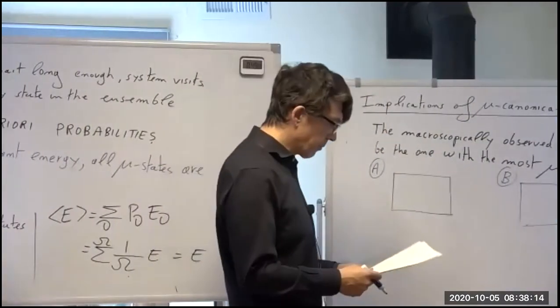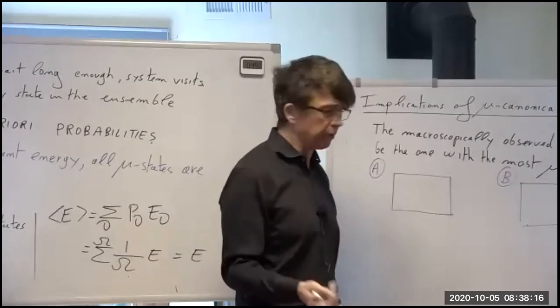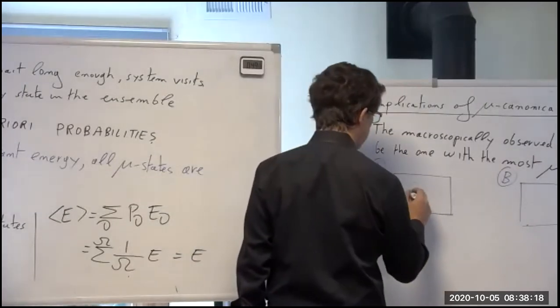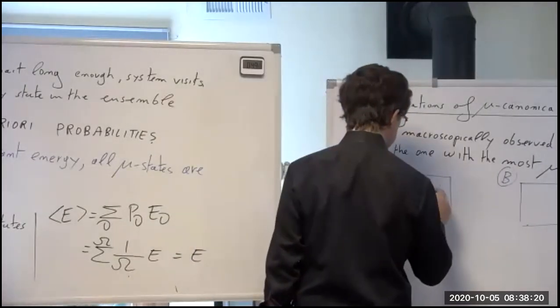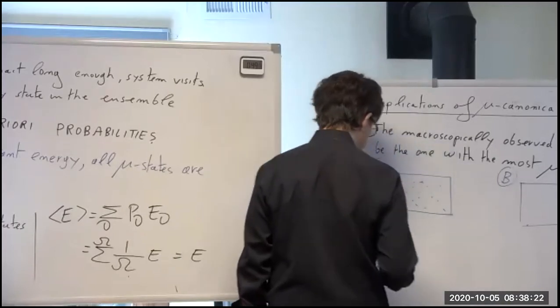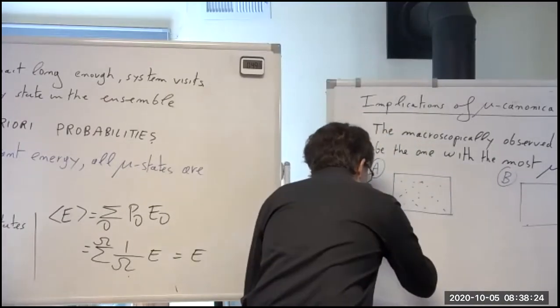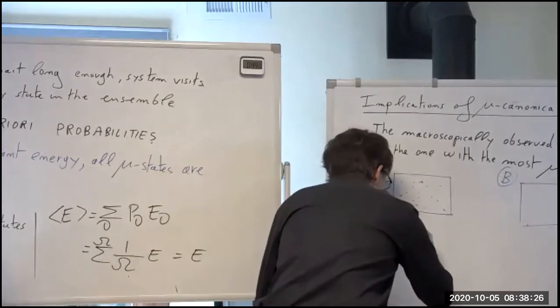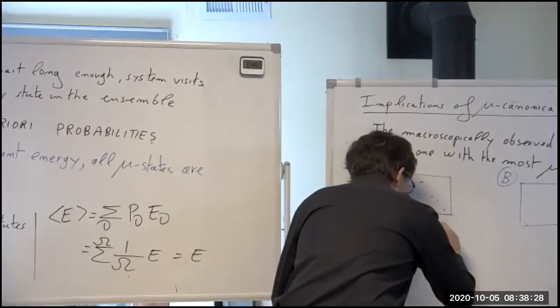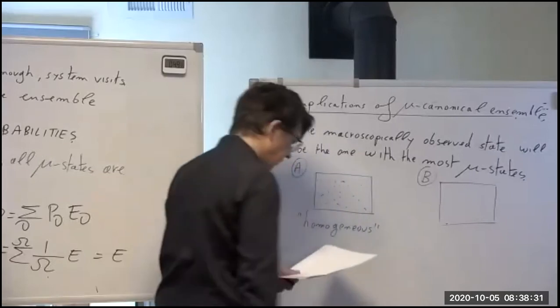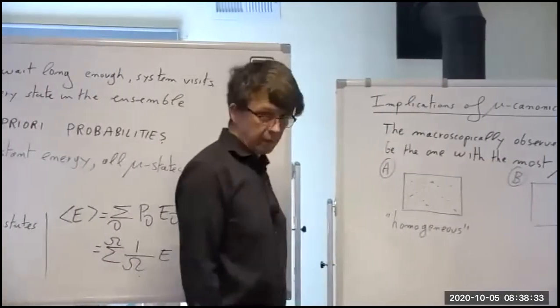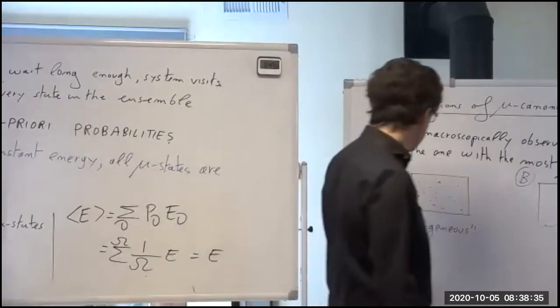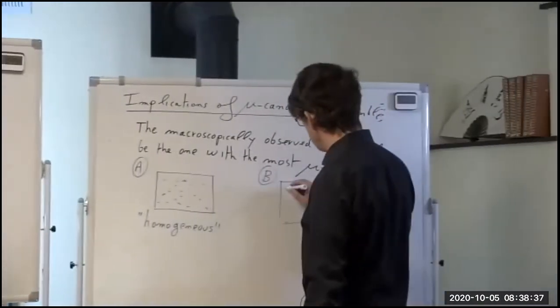The first one I'm going to define as, in words, the atoms are homogeneously distributed in the box. So this state I call the homogeneous state. And the other one I'm going to define as the atoms are all in half of the box.